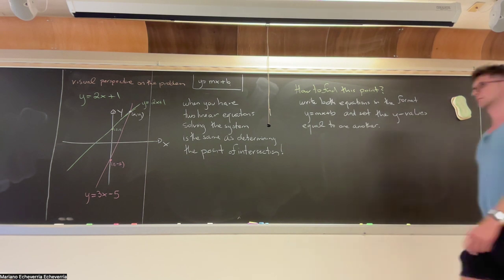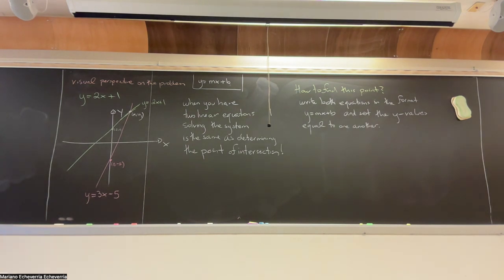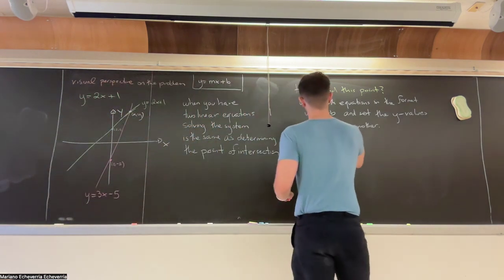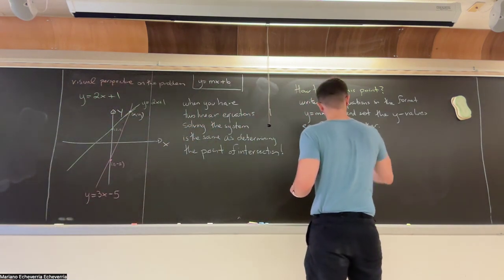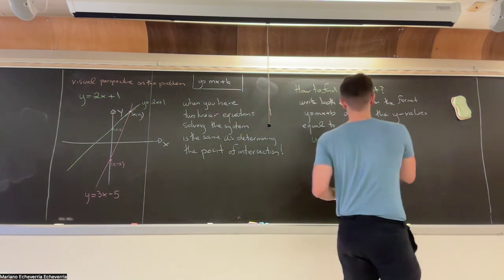So for example, in the case of these two lines, we already have them both in the format y equals mx plus b. So I have y equals 2x plus 1, and I also have y equals 3x minus 5.